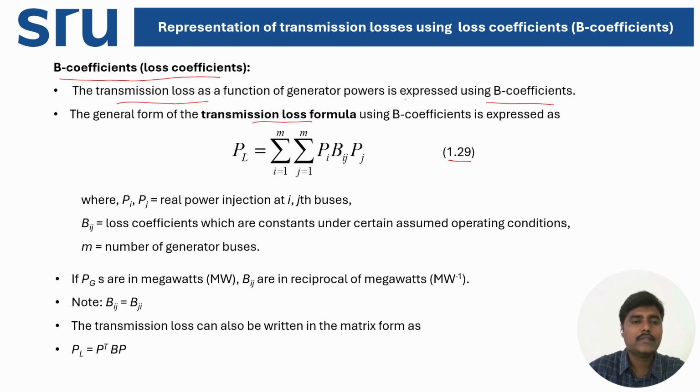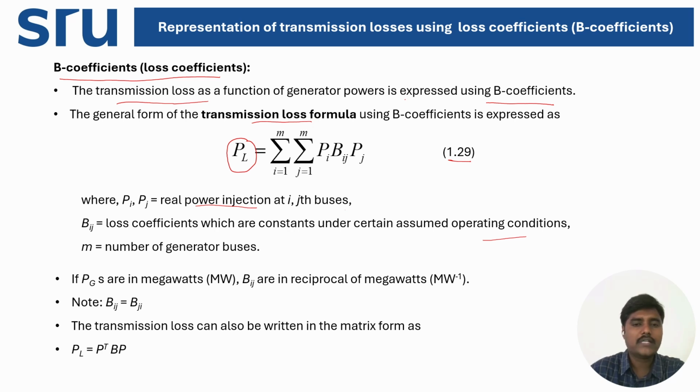Here you can see the transmission power loss PL is expressed as summation i equals 1 to M, summation j equals 1 to M, Pi Bij Pj, where Pi and Pj are the real power injections at i and j buses, and Bij is called the loss coefficients, which are constants under certain assumed operating conditions, where M represents the number of generator buses.